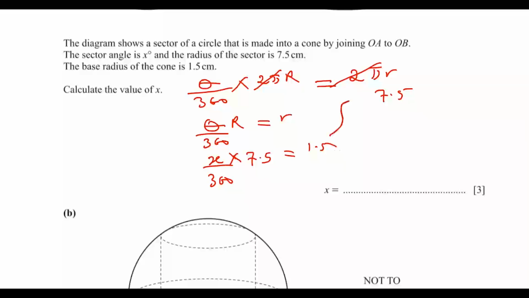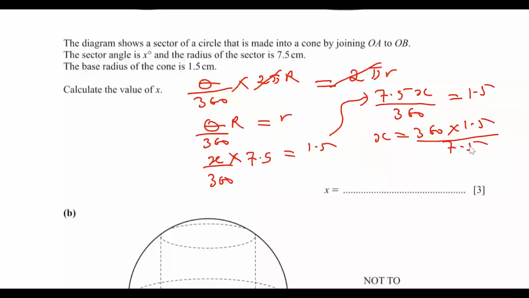Let me draw an arrow. So you see 7.5x over 360 equals 1.5. That means x equals 360 times 1.5, divided by 7.5. So x will be equal to 66 degrees. So we have 66 degrees as the answer.